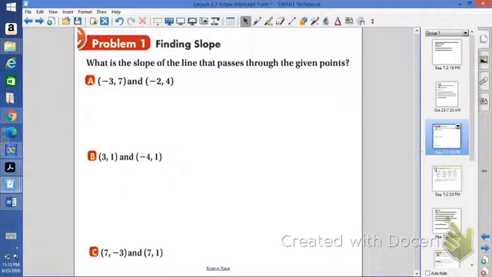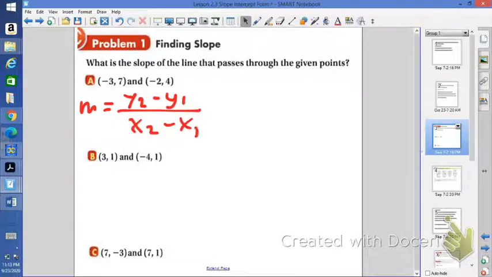Alright, in problem number 1, we're asked to find the slope of the line that passes through the given points. So here we are given 2 points. The formula for slope that we're going to use is m, or slope, equals y sub 2 minus y sub 1 over x sub 2 minus x sub 1.